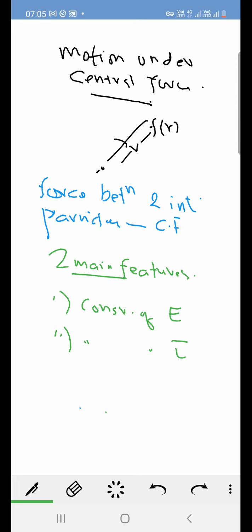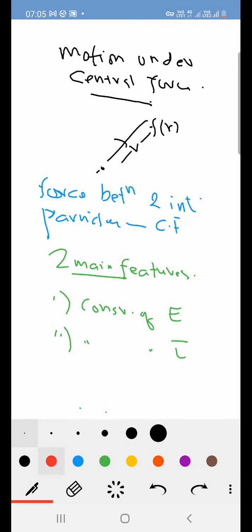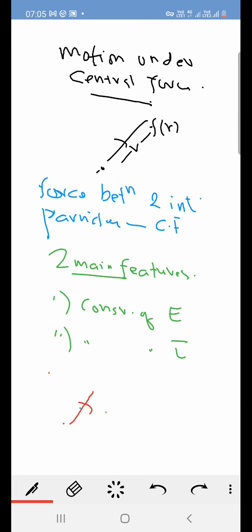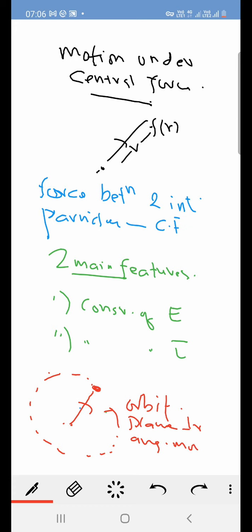Also, for the central force, say a particle is acted upon by a central force at the center and moves around an orbit. This orbit lies in a plane which is perpendicular to the fixed direction of the angular momentum. This is another feature of the central force.